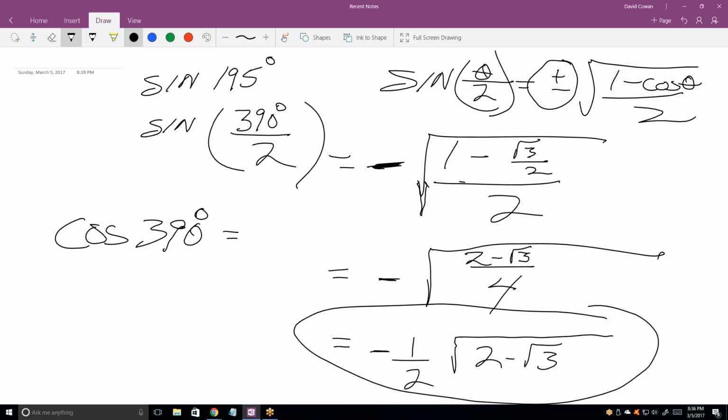You might lose a point if you were to give this answer here. Okay. I'm a little curious as to what I would get if I did it using the sum and difference. In other words, it is the difference of 225 minus 30. It's hard for me to imagine that I'm going to end up with a radical inside of a radical with that other answer. But it should be the same number.